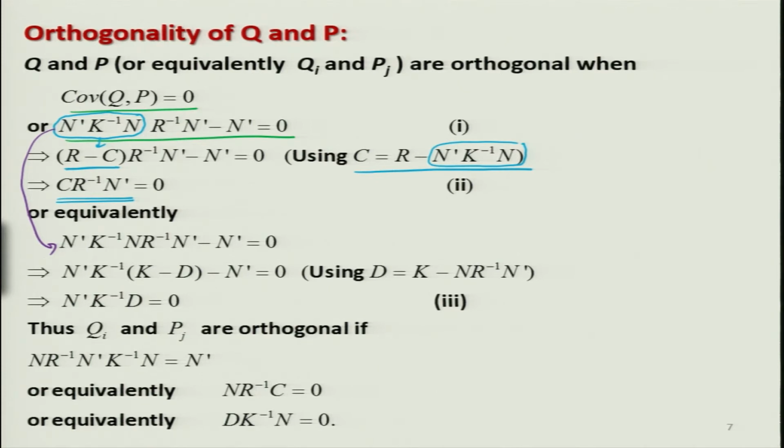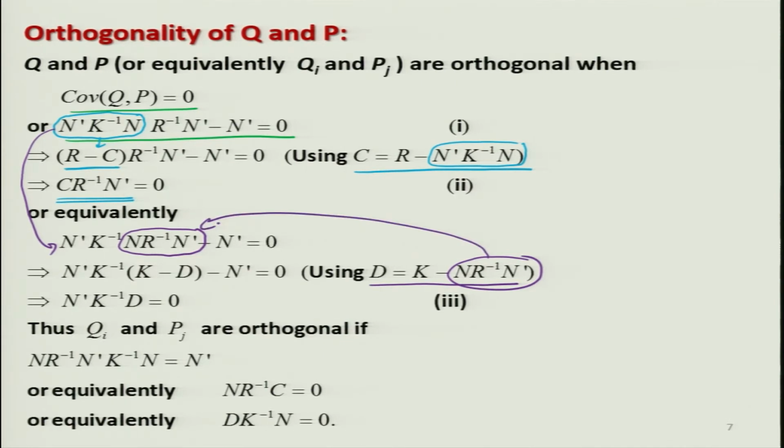You have a term N R inverse N transpose, and if you recall the definition for D, D was K minus N R inverse N transpose, and here also you have this term N R inverse N transpose.